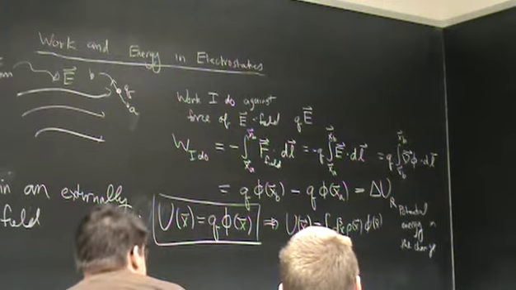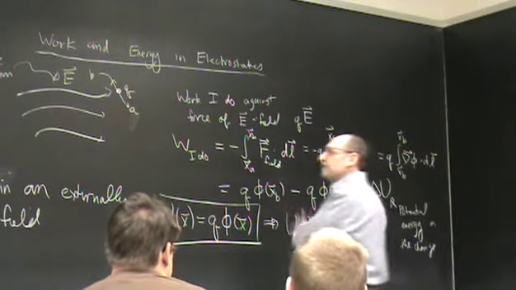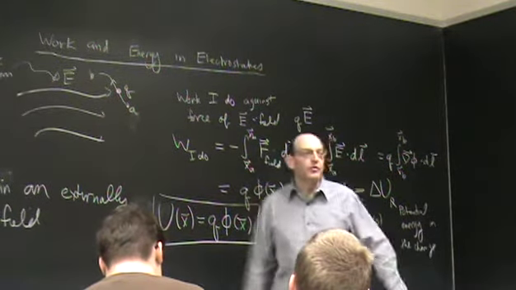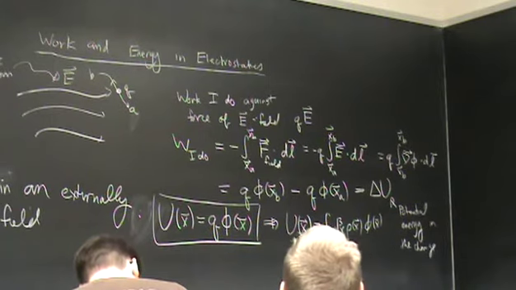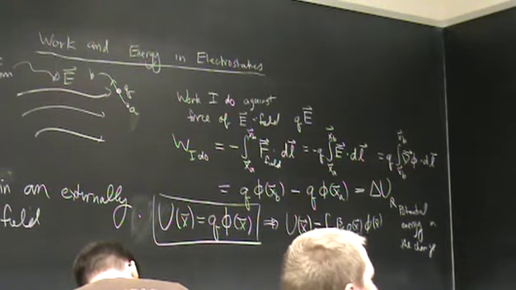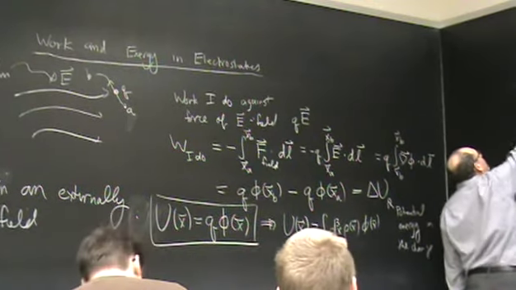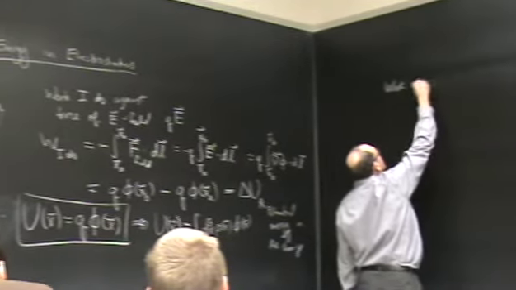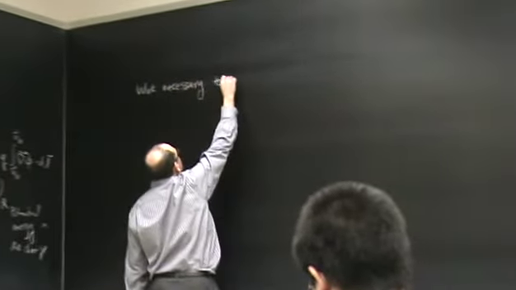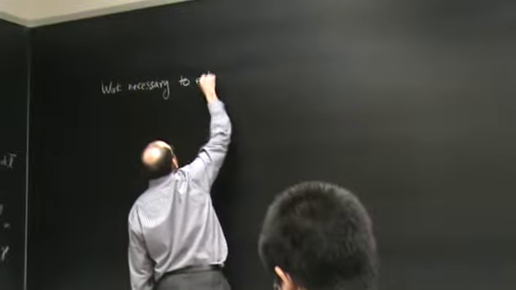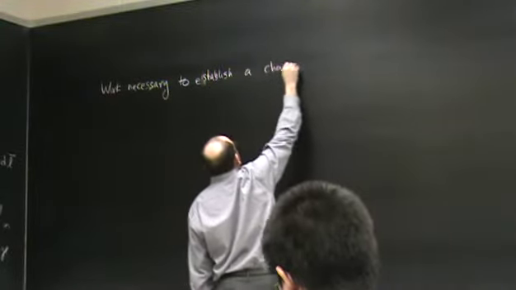Again, this is the potential energy of a charge distribution in an external field. Now there's a slightly different concept, and a very important concept in electromagnetism, which is the work necessary to establish the charge distribution.